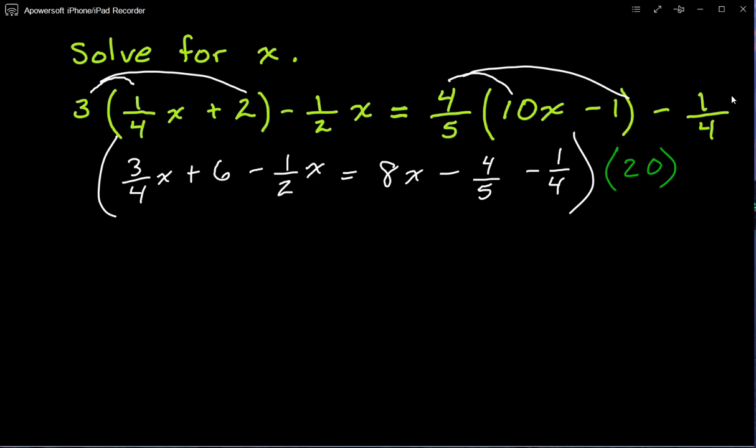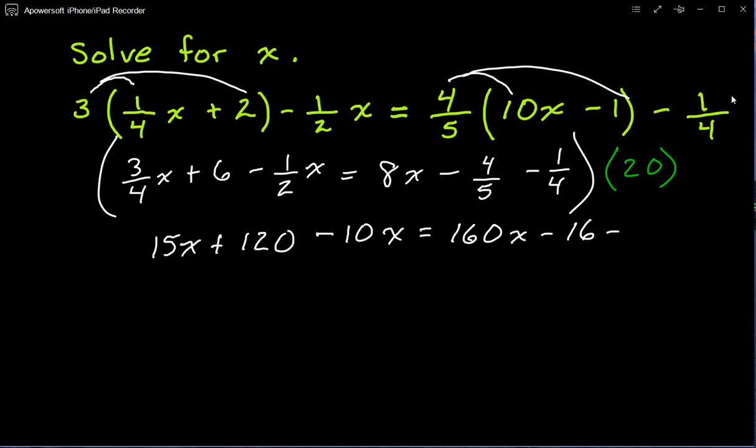All right, so 3/4 times 20 is going to give us 15x. 6 times 20 is 120. Then a half times 20 is 10x. All right. Then 8 times 20 is 160. 4/5 times 20 is 16. 1/4 times 20 is 5.